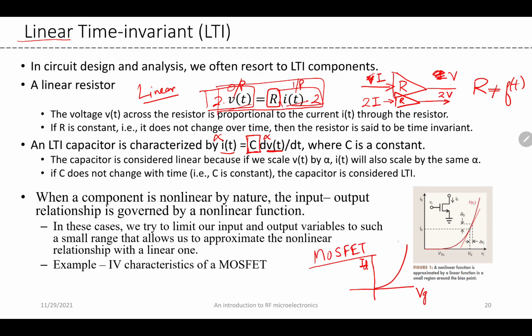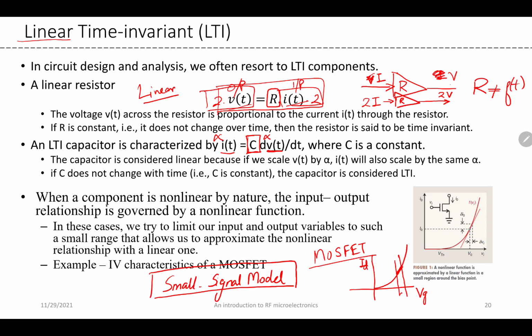But if you work in a very small region of operation, you can assume it to be linear. That is what we do when we talk about small signal models or small signal characteristics. In small signal models, we assume the operation to be in a very small region of bias.